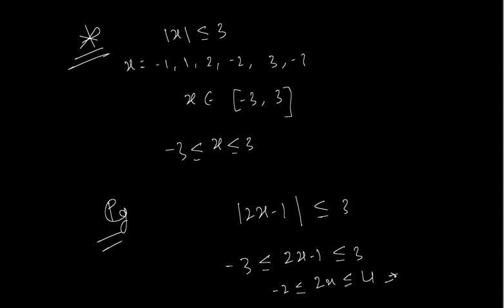Now divide by 2 everywhere, and you will get -1 less than or equal to x less than or equal to 2. So you'll get the possible values of x, that is between -1 to 2. This type of question might have been solved in inequality, and you might also get it in domain and range questions. Okay, let's proceed further.